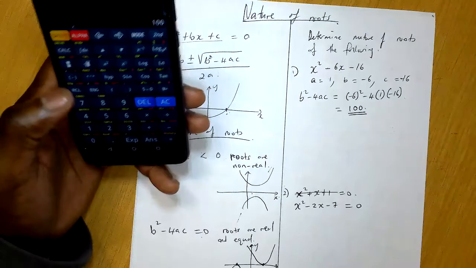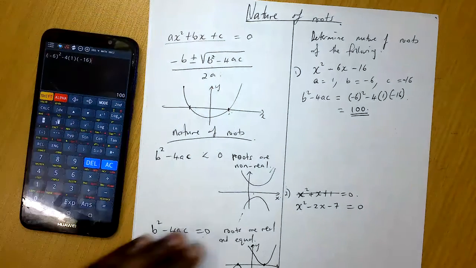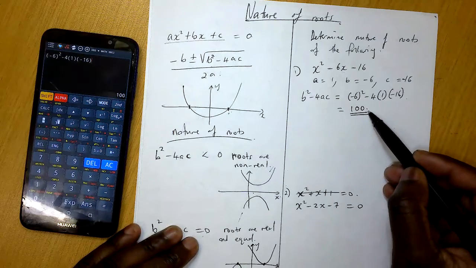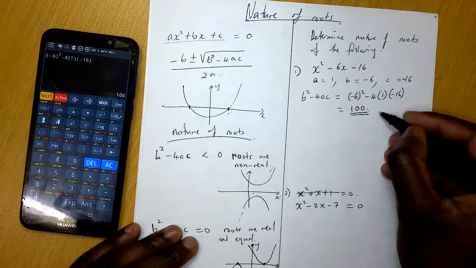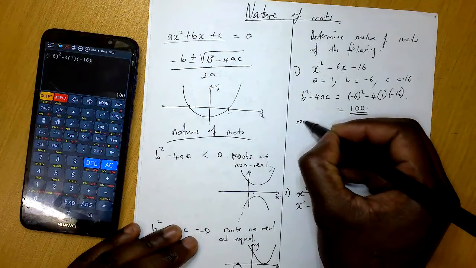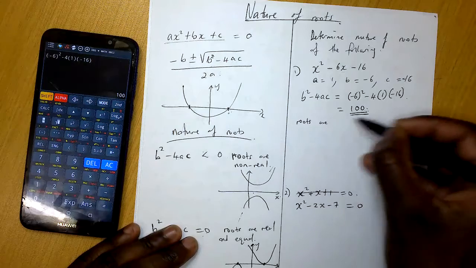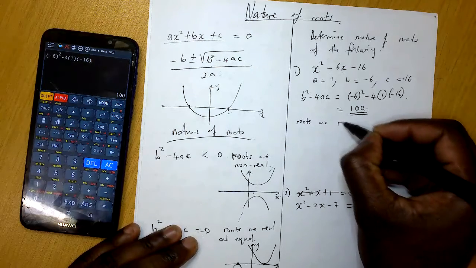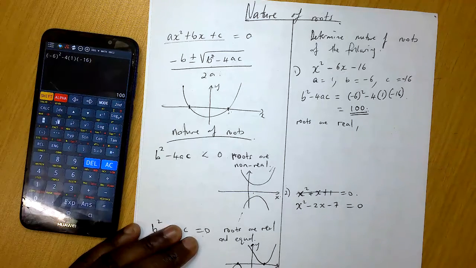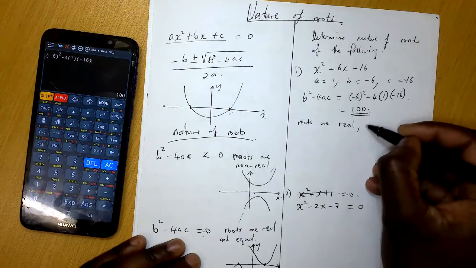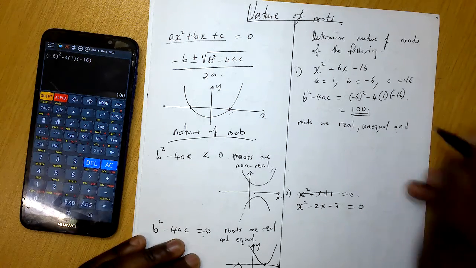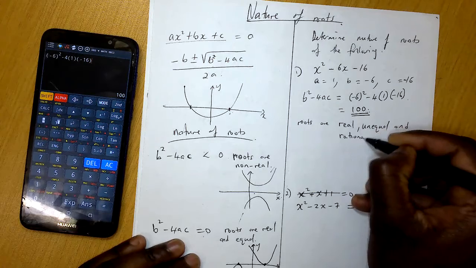Now 100, as you can see there, does have a root. So the roots are real, equal, and rational.